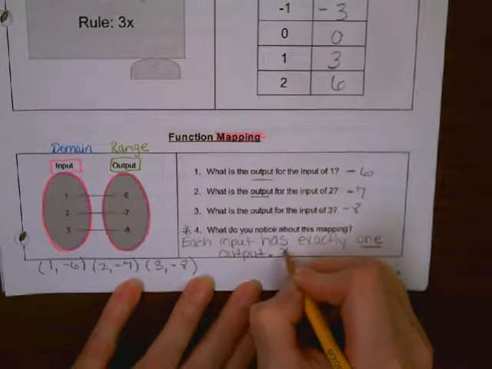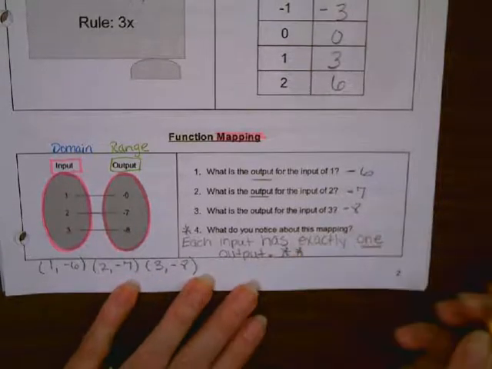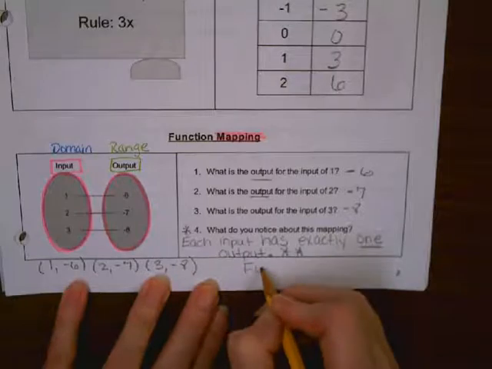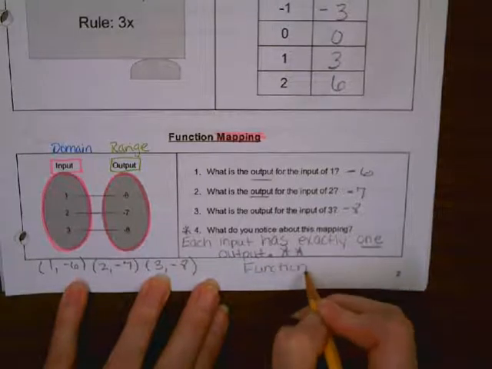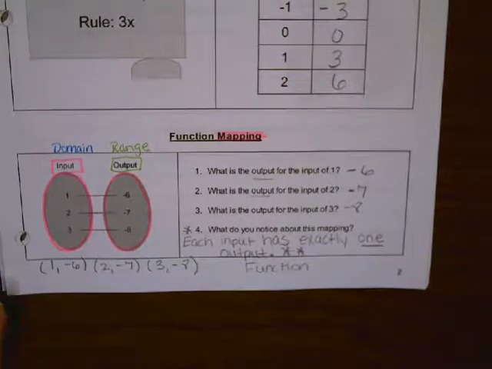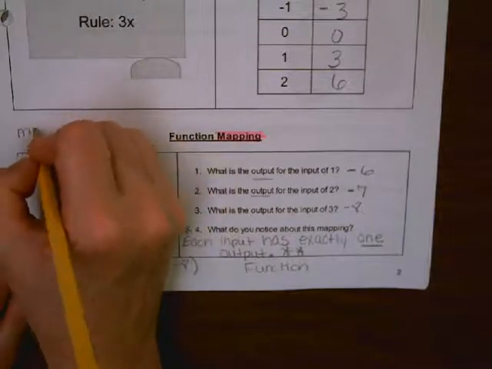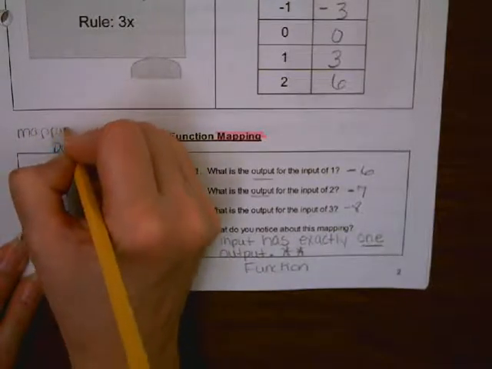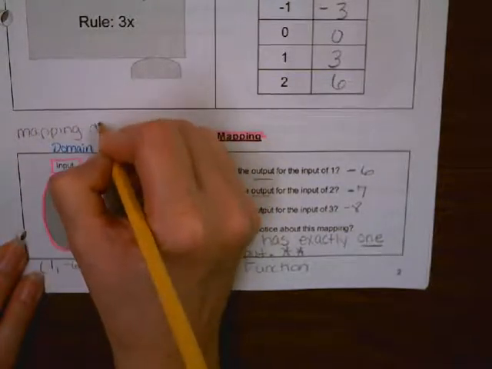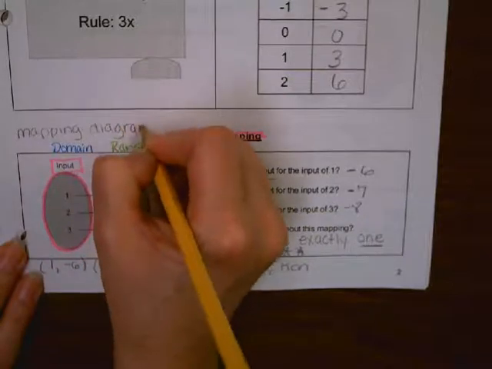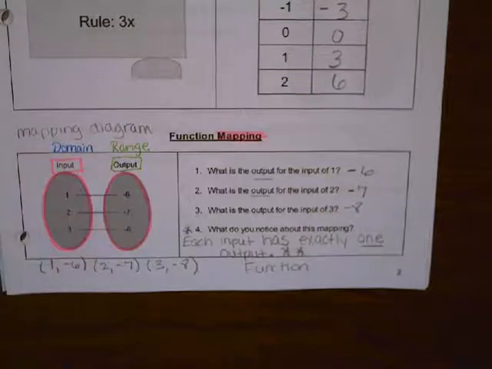This is your definition of a function. Okay? This is called a mapping diagram. Okay? Turn the page. We get some more mapping diagrams.